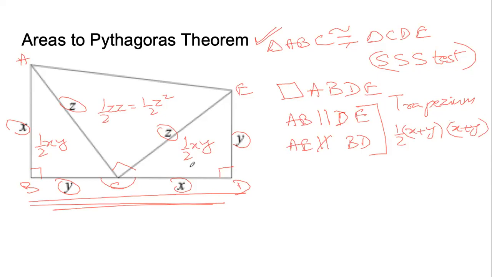Area is area. Area of the trapezium is area of trapezium. If we calculate it in 3 parts or in 1 part, so we can say 1 by 2 z square plus 1 by 2 xy plus 1 by 2 xy equals 1 by 2 x plus y into x plus y.